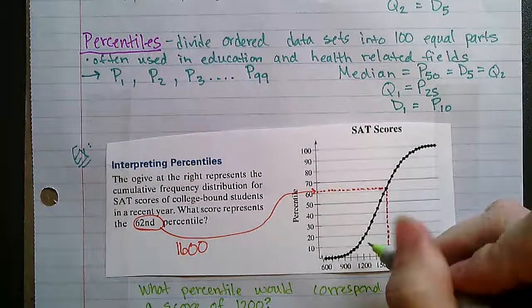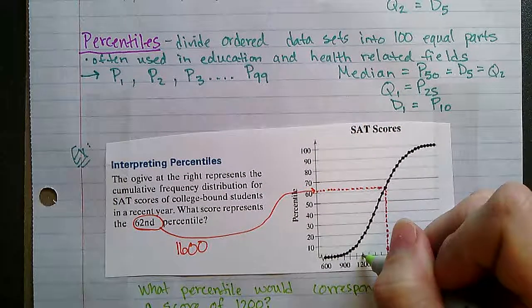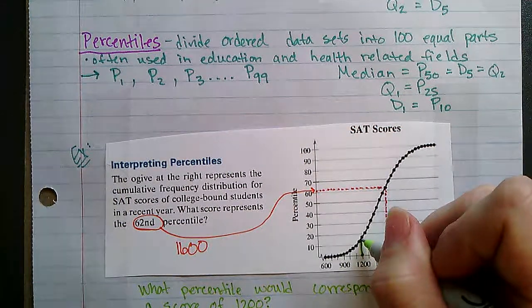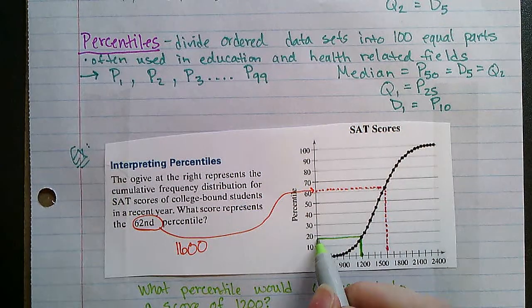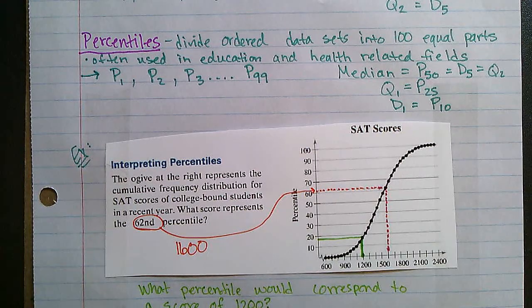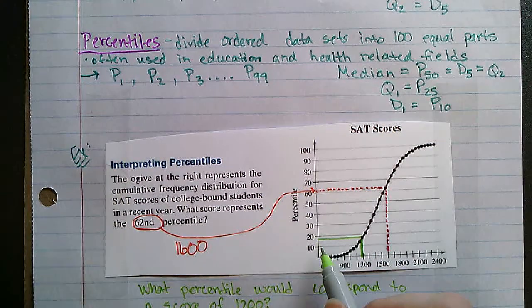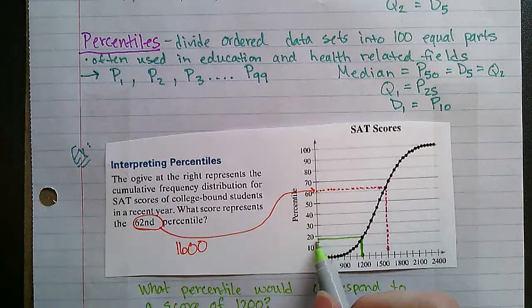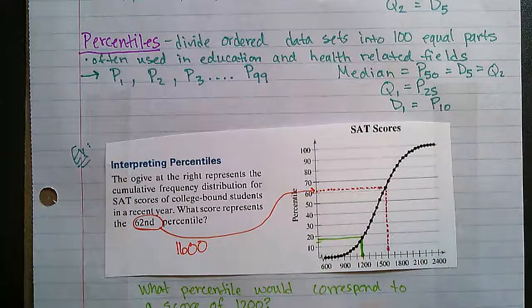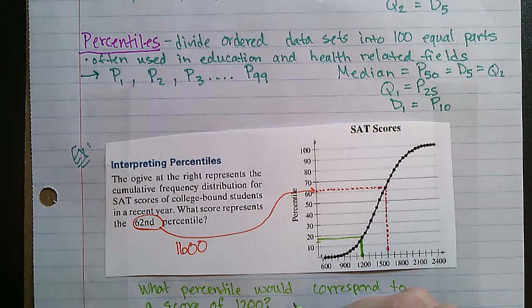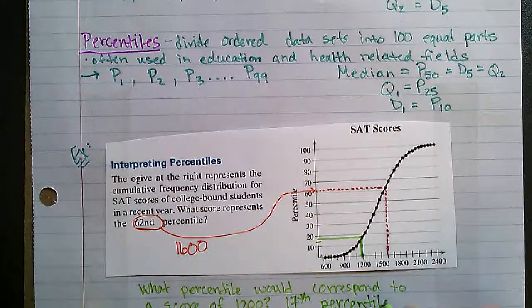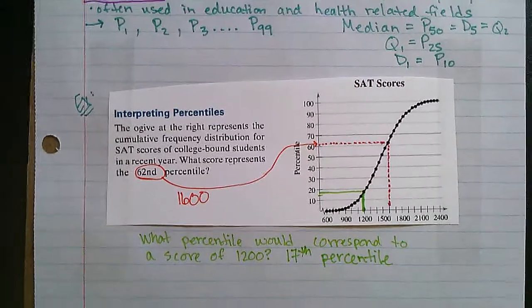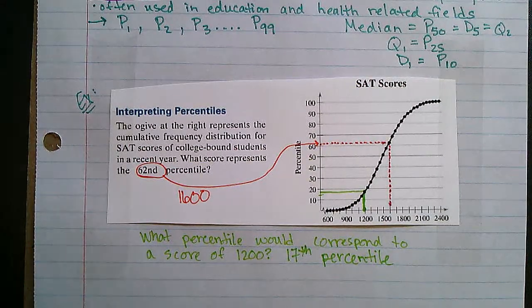This time I'm going to start at 1200 and work my way up onto the ogive and then over to the percentile. Depending on how accurate I am, so this is like 15 is halfway between. So I would say maybe the 17th percentile. I'm just estimating because I don't have a very accurate graph going on there.